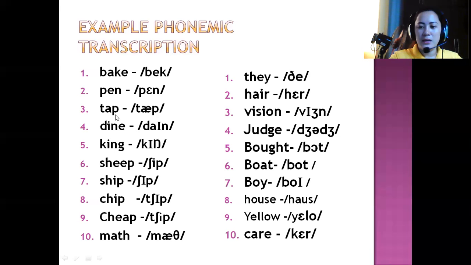Dine, king, ship, chip, cheap, math, they, hair, vision, judge, bought, boat, long O, boy, house, yellow, cur.